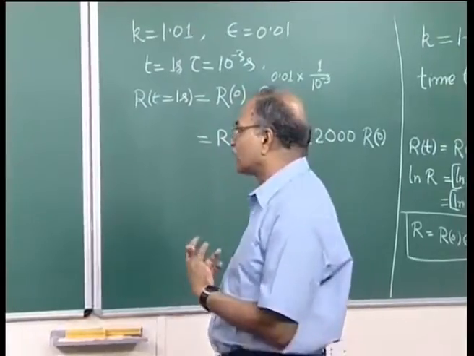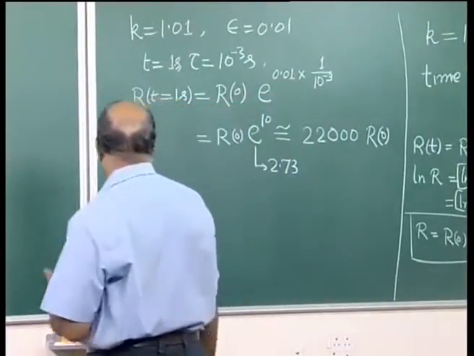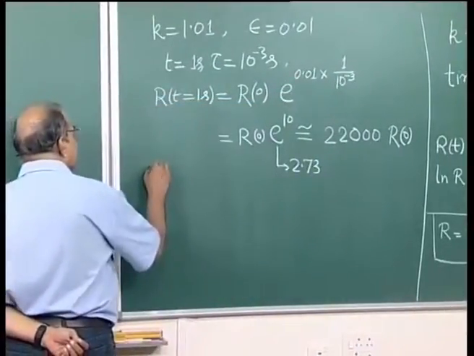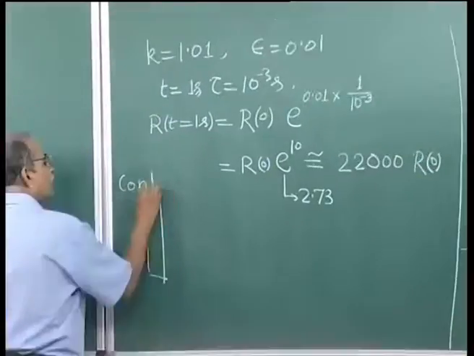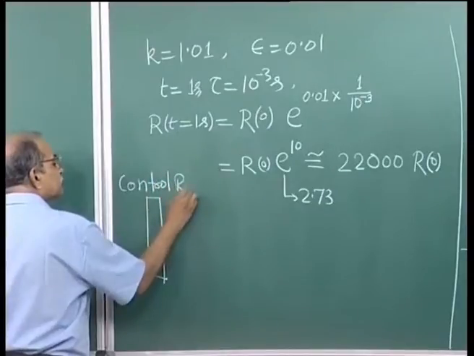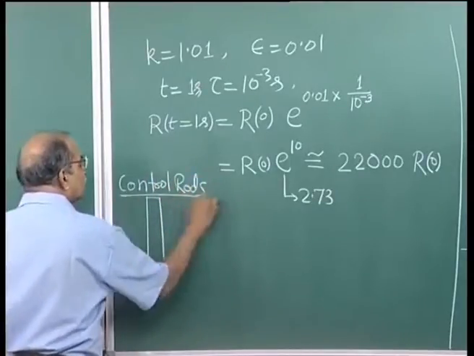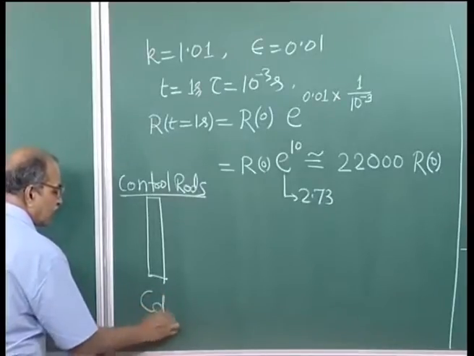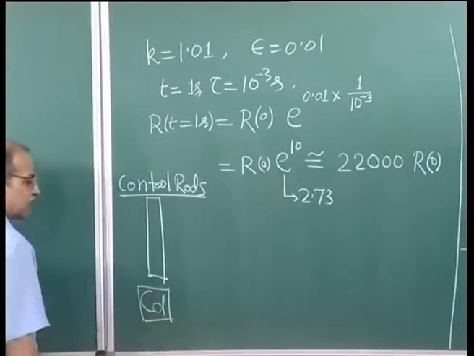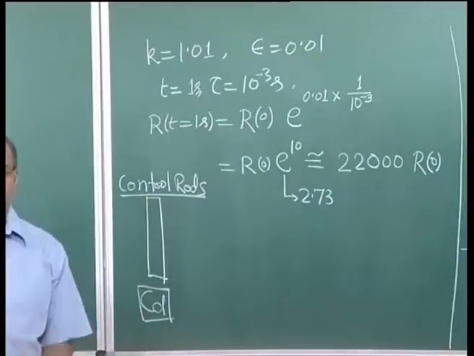Control rods are rods made of materials which absorb neutrons. Cadmium is the most popular choice. Cadmium absorbs neutrons.